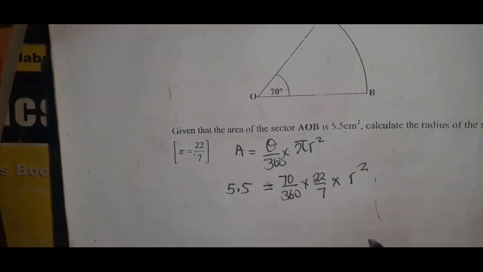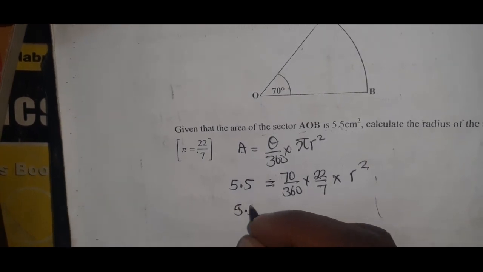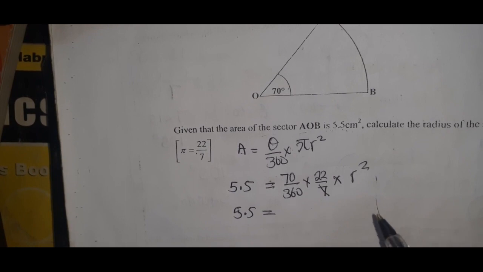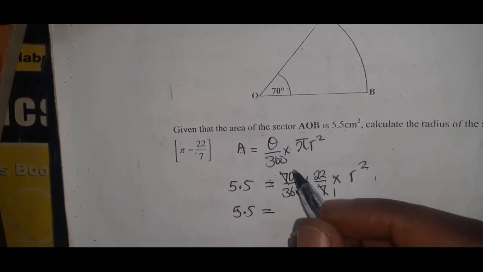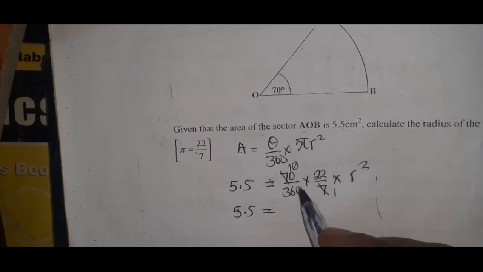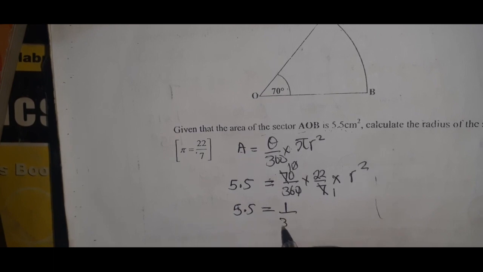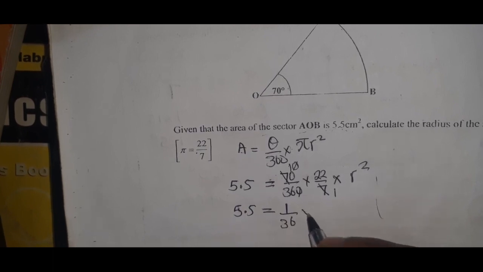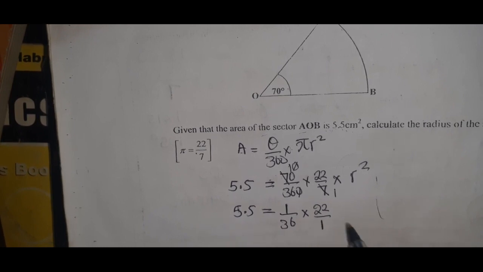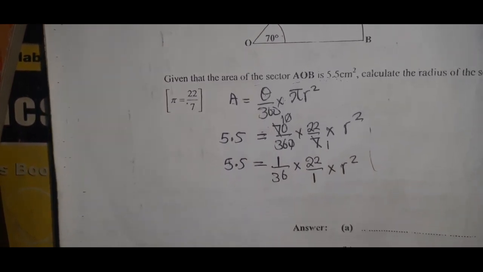So I can go further and simplify. 5 by 5 is equals to 7 here, it's 1. 7 here, it's 10. So I can cancel this 0 and this 1. So I'm going to remain with 1 over 36 multiplied by 22 over 1 multiplied by r squared.